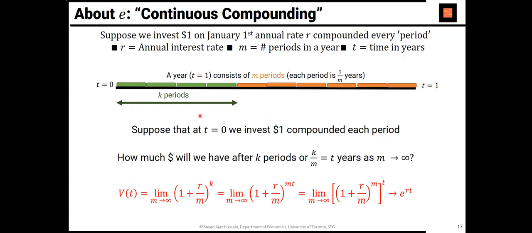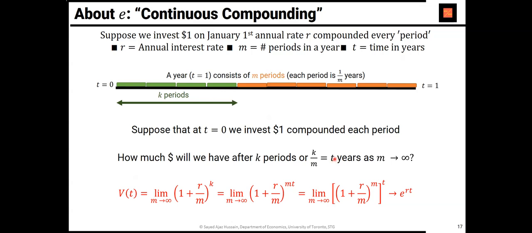Well, if there are k periods, how much is that in years? Each period is 1 over m years, so k periods is going to be k divided by m, that is t years. So that's how many years have gone by.